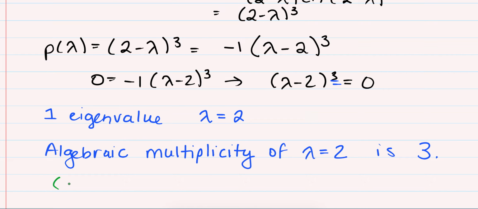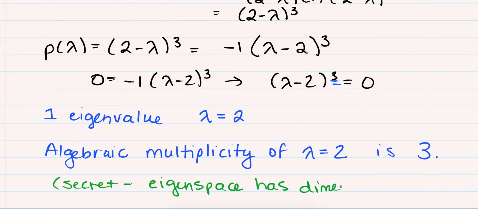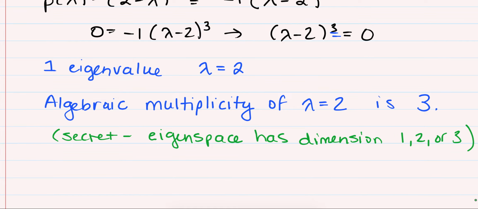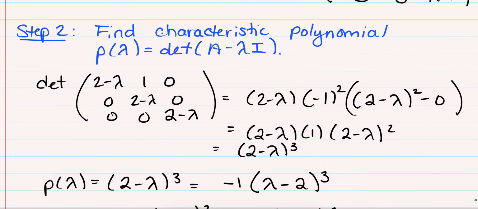And as a secret, we know that the eigenspace has dimension 1, 2, or 3. Okay, it's not really a secret. That's something we said, but just something to keep in mind. Okay, so we found our eigenvalues. We only have one. We found the algebraic multiplicity. So I think this was step 2.